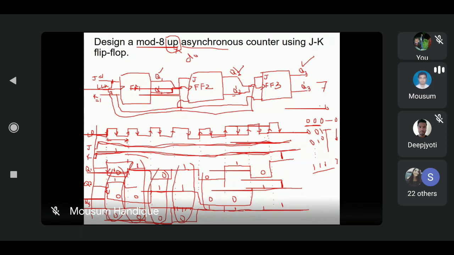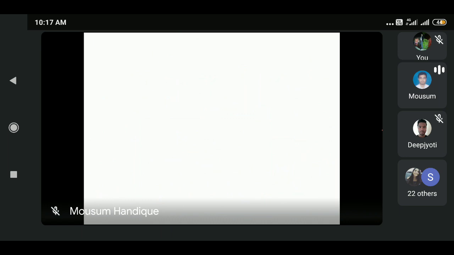Any other example? So based on the timing diagram, we can use the count table.